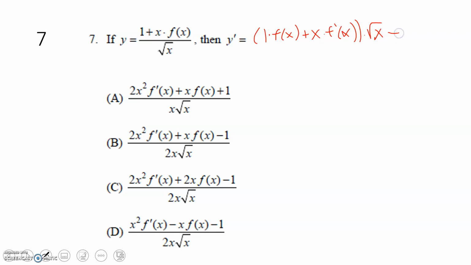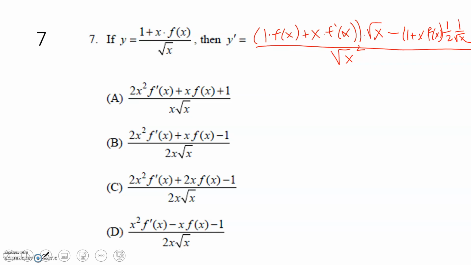Then we subtract the numerator times the derivative of the denominator, which is 1/2, and then 1 over root x, all over the denominator squared. Now this is definitely ugly at first, but if we clean this up, we're going to see that it's not as bad as it looks.